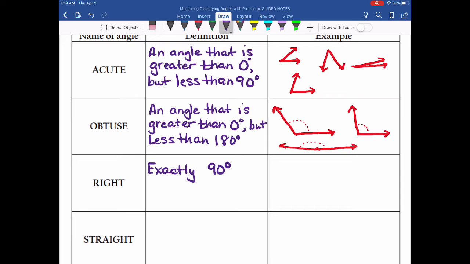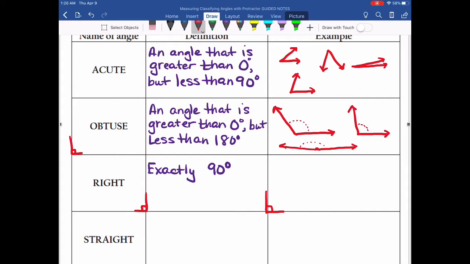So a right angle, you probably already knew this, but a right angle is exactly 90 degrees. And examples of right angles are pretty easy. Actually, there's right angles on this page right here, where these lines intersect. Those are right angles. Right here is a right angle. There's right angles everywhere you look, really, where the wall meets the floor, where the ceiling meets the wall. If you look at your tiles, those are 90-degree angles.